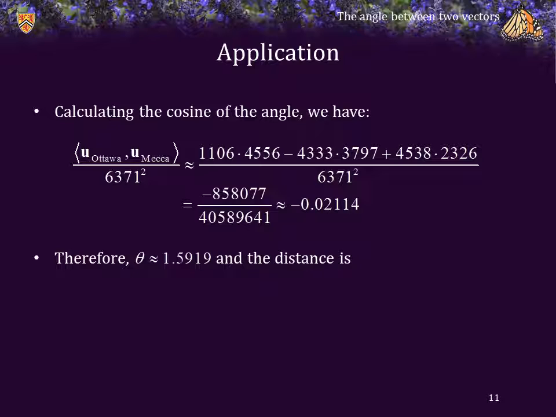We can actually calculate theta to be approximately 1.5919 radians, and therefore the distance between Ottawa and Mecca, if you were to travel in a straight line on the surface of the Earth, would be that radian multiplied by the radius of the Earth, which is approximately 10,142 kilometers.